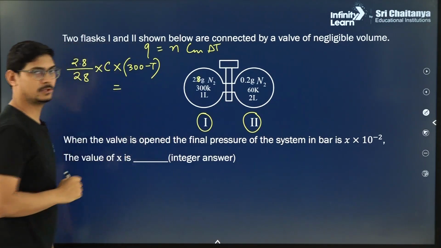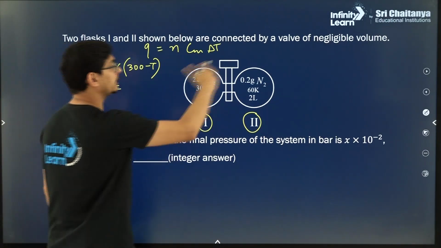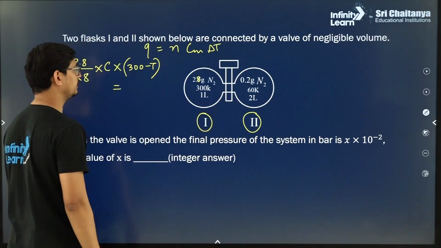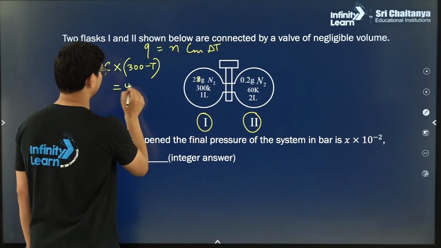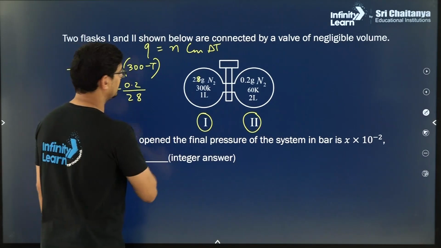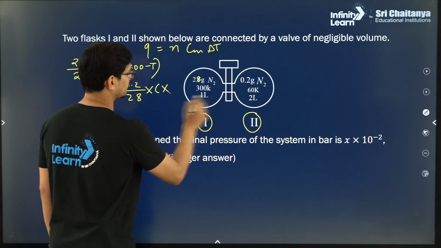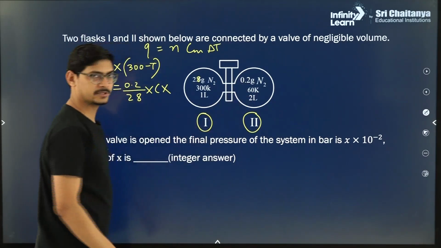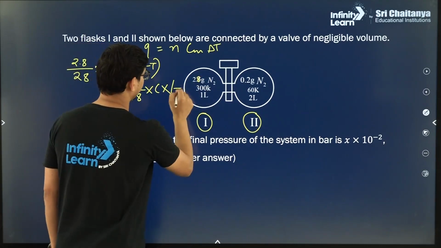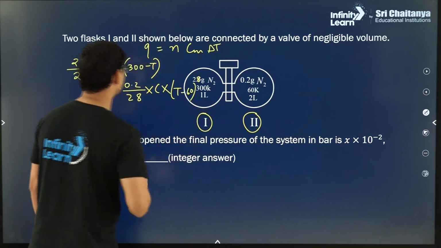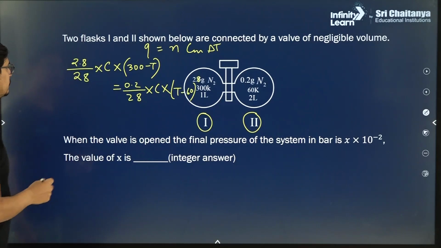Then this has to be equal to the heat gained by the second bulb, right, the gas in the second bulb, which is going to be 0.2 divided by 28, right, heat capacity, and because it is gaining heat, its final temperature will be higher than 60. So I will write T minus 60. So this is a very easy calculation, right?